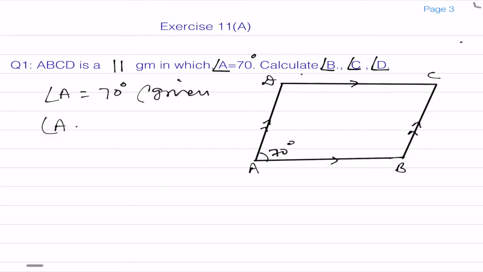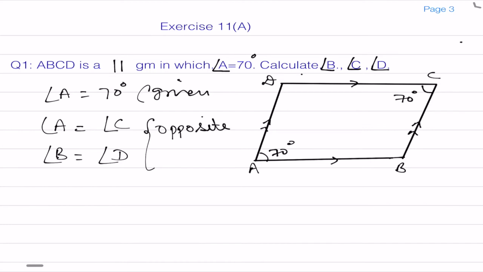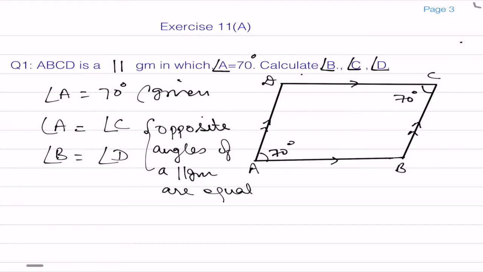So angle A is equal to angle C and angle B is equal to angle D. So if angle A is 70, that means angle C will also be 70. Give the reason, because without the reason you will not get full marks. So opposite angles of a parallelogram are equal.